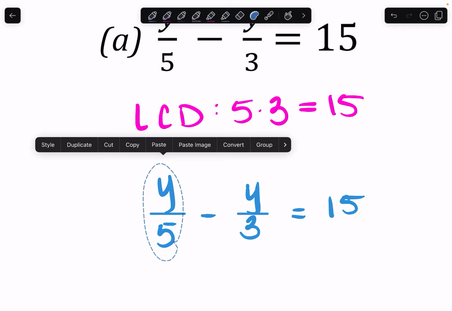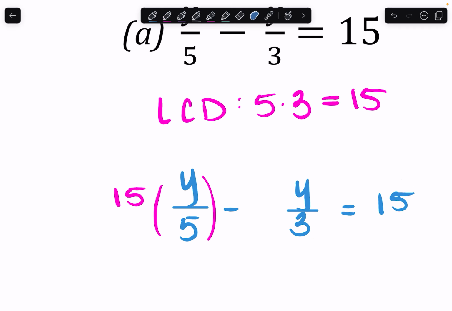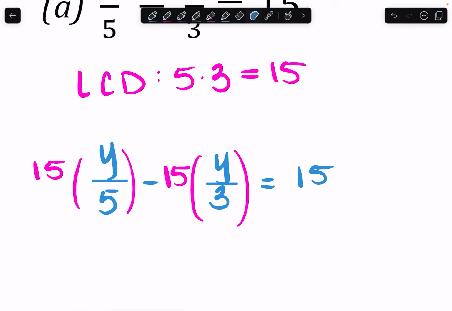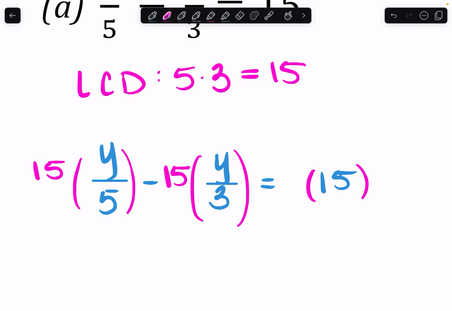Remember, when you multiply fractions, it goes on the top. So I'm just going to put a little bubble here, since it's just a singular number, 15. And then the next one also gets multiplied by the LCD, 15. If we multiply everything on the left, we also have to multiply on the right. So 15 has to be multiplied by 15.